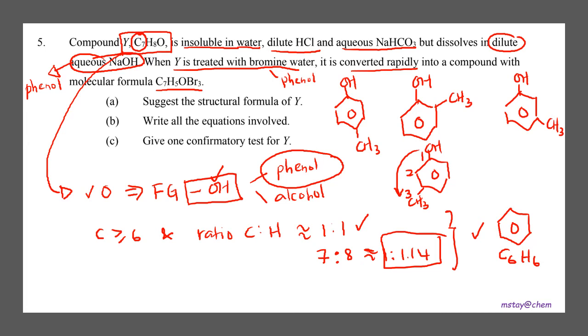So this anti-clockwise 1, 3 is similar to this 1, 2, 3. So that's why we know this is not possible. So here we have 3 possible structures, A, B, and C.